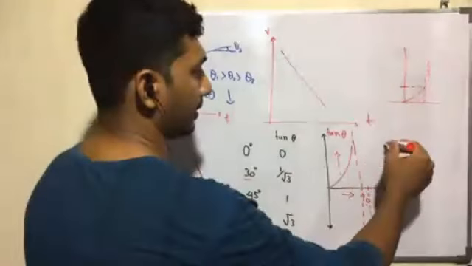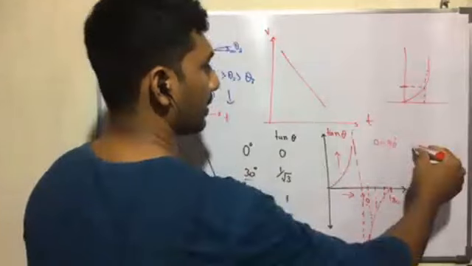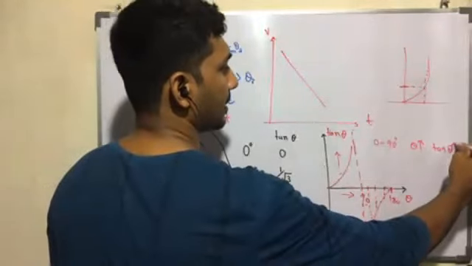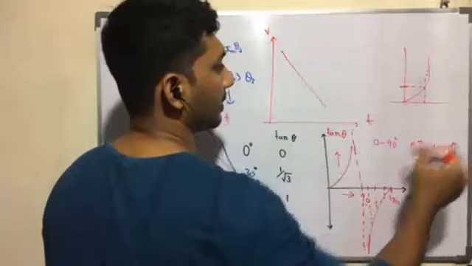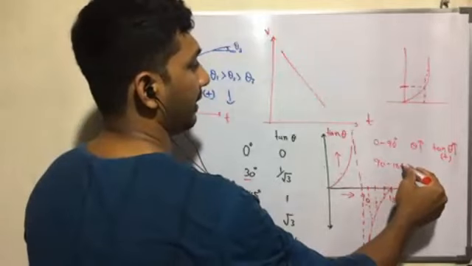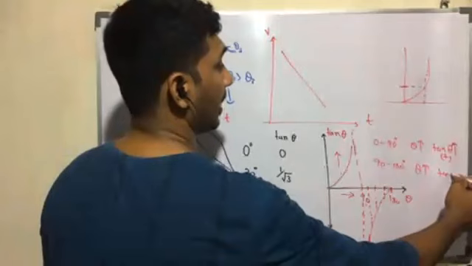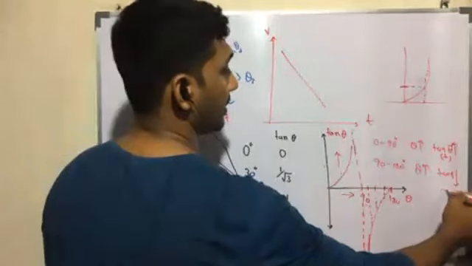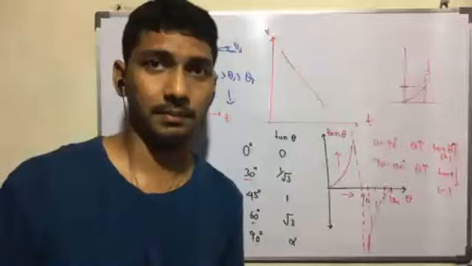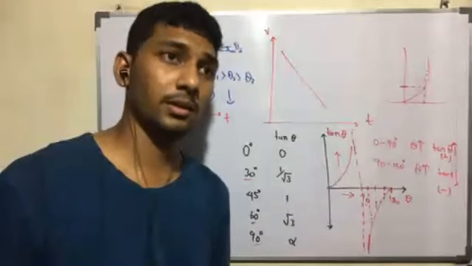So you can write a summary like this: 0 to 90 degrees, when theta increases, tan theta increases in positive direction. From 90 to 180 degrees, when theta increases, tan theta decreases in negative direction. These are the two main things you have to extract from the graph.